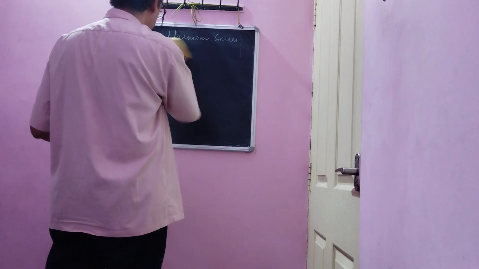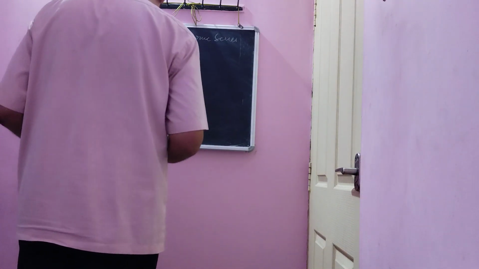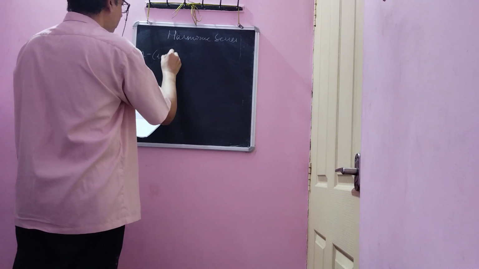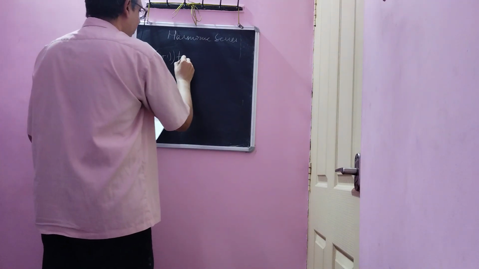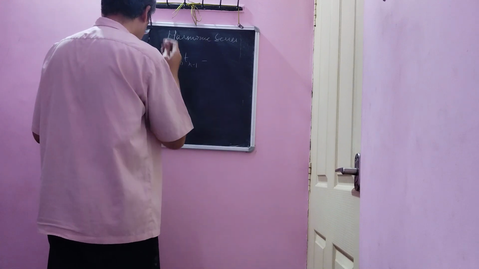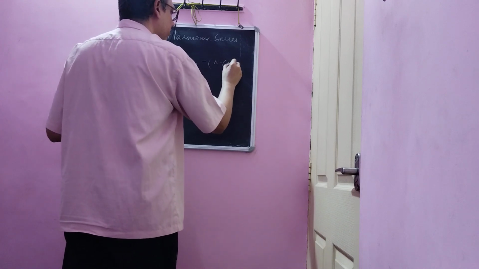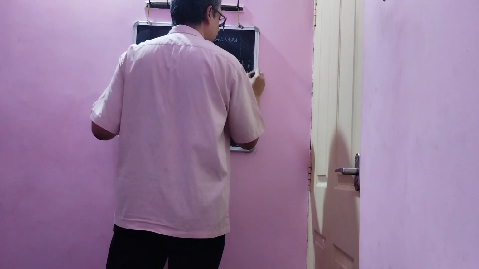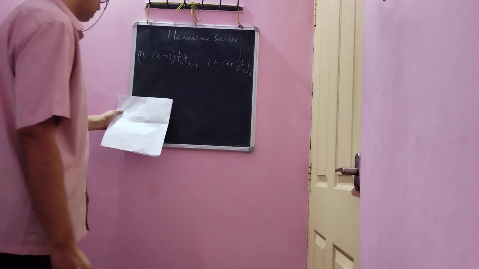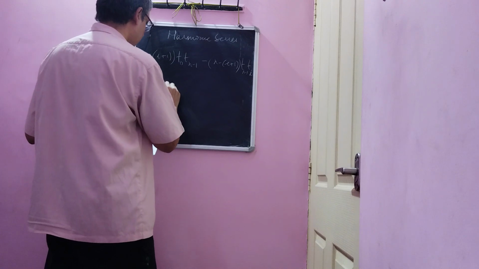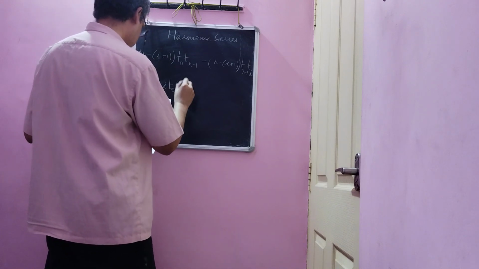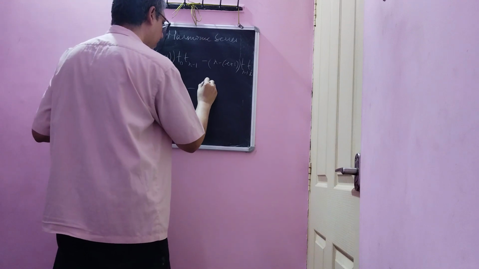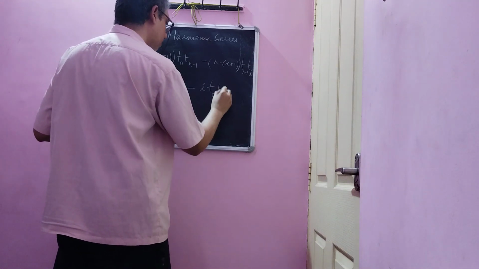Expanding it, we will have n minus i plus 1 T0 Tn minus 1 minus n minus i plus 1 Tn minus 1 Ti is equal to i times T0 Ti minus i times T0 Tn minus 1.